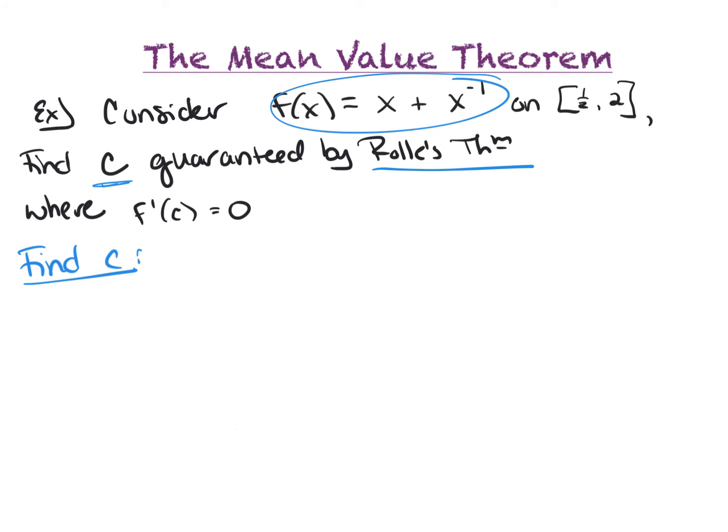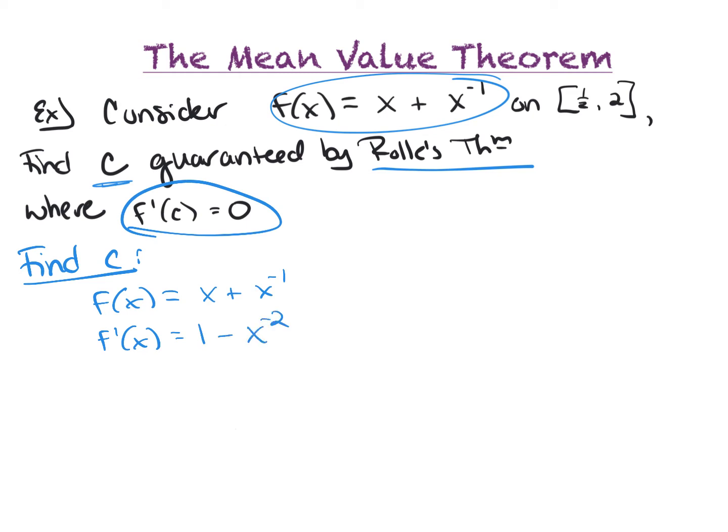In order to find the c, where f prime of c is 0, we need to remind ourselves what f prime of x was. So let's see, f of x was x plus x to the negative 1. We just did the derivative a minute ago. That turned out to be 1 minus x to the negative 2.